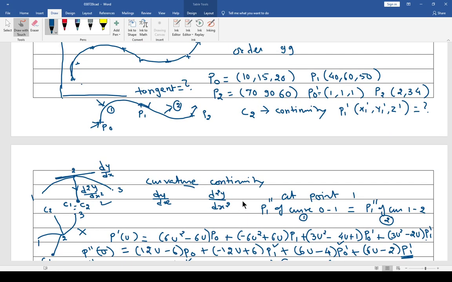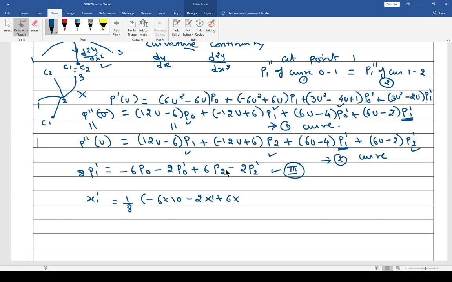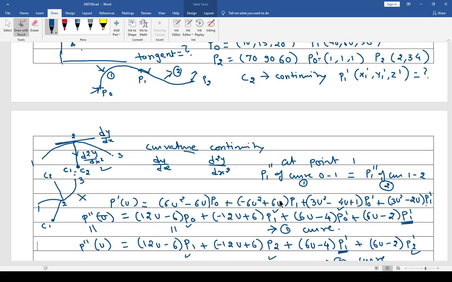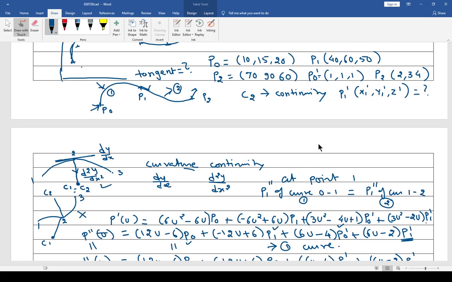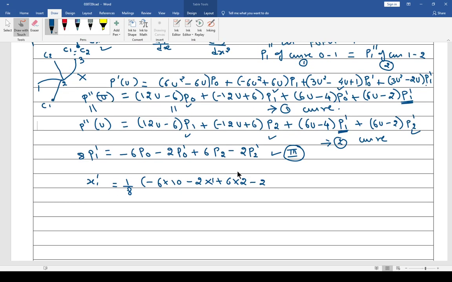So p2 is 70 because I want x2, minus 2 into p2 dash, which is 2.